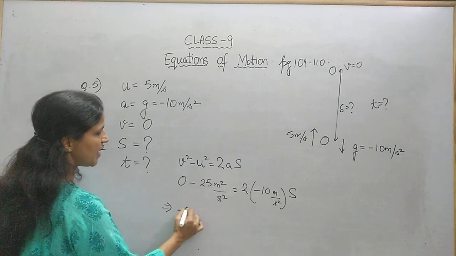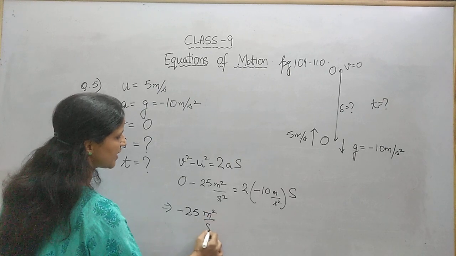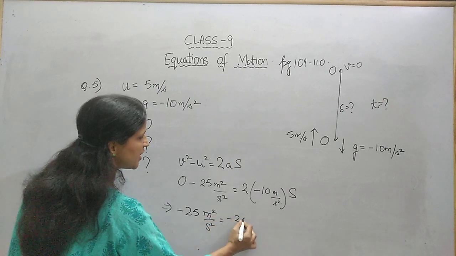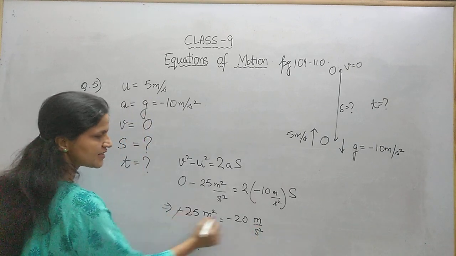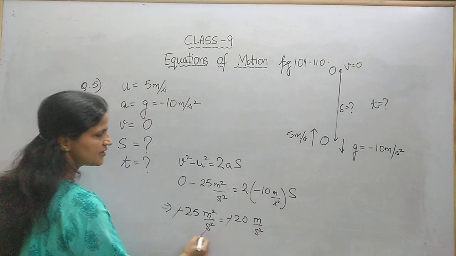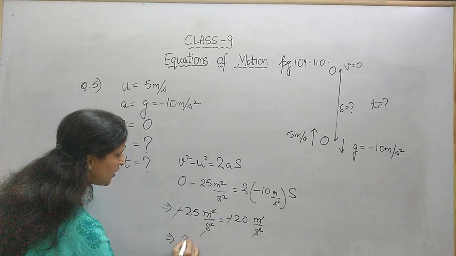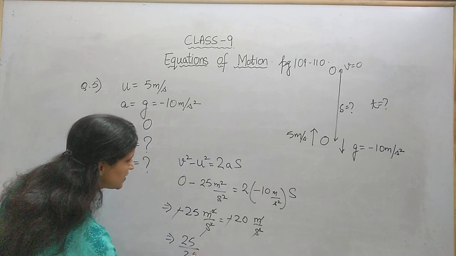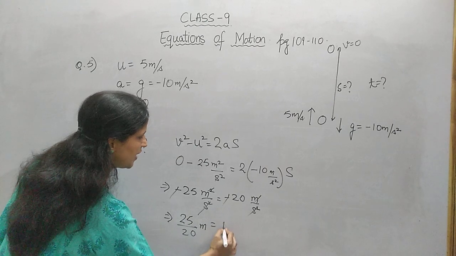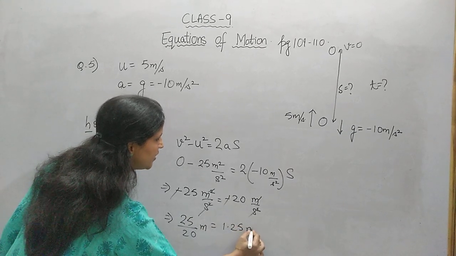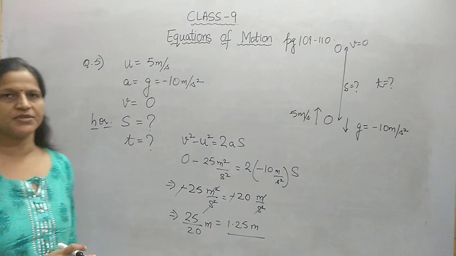So this gives us minus 25 meter square per second square is equal to minus 20 meter per second square. Minus sign is cancelled from both the sides. Second square is cancelled. Meter is also cancelled. So we get 25 upon 20 meters, which is equal to 1.25 meters. So this is the displacement or the highest point attained by the object.